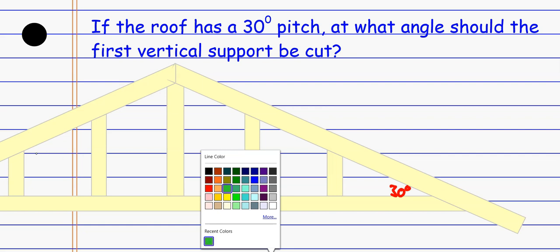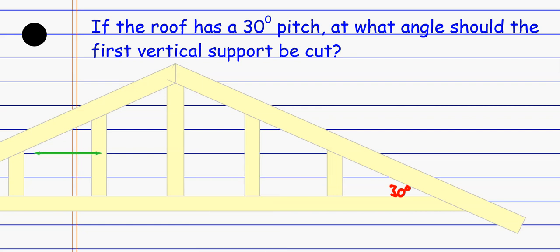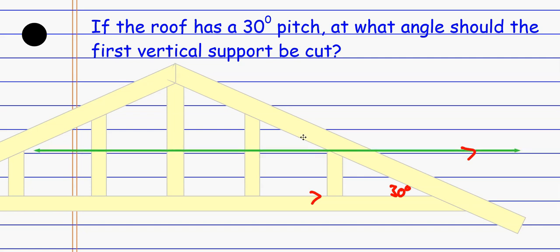So let me draw a line that's parallel to that original. There we go. That line's parallel to the bottom. So right here, I'm saying that this line is parallel to this line right here. Okay? So if that's 30 degrees, and maybe I should have scooted that guy up just a wee bit, it means that guess what? This guy right here is also 30 degrees.